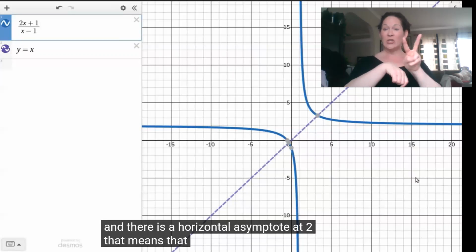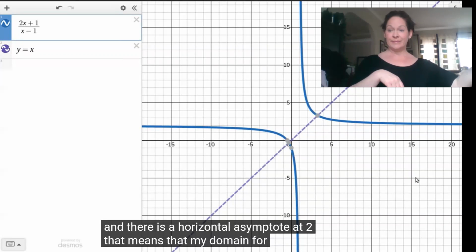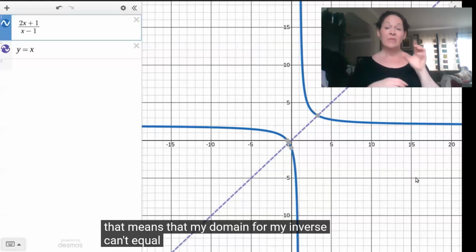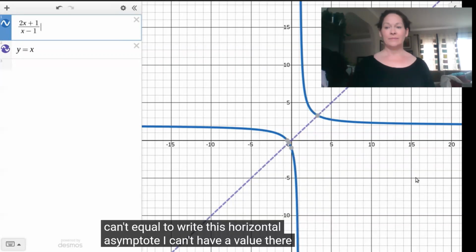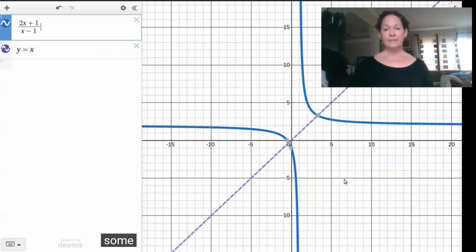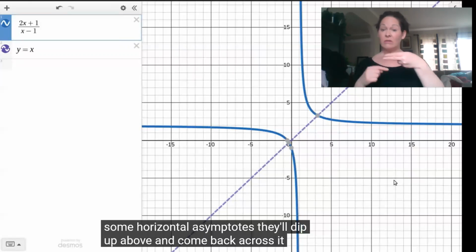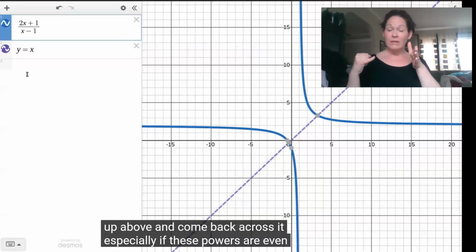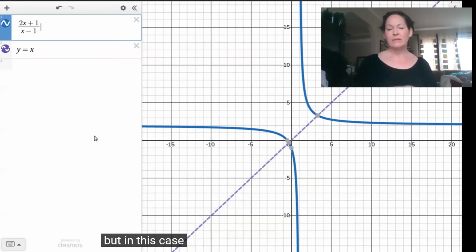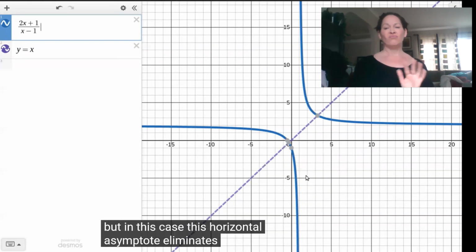That means that my domain for my inverse can't equal 2, right? This horizontal asymptote, I can't have a value there. Some horizontal asymptotes, they'll dip up above and come back across it, especially if these powers are even. But in this case, this horizontal asymptote eliminates things.